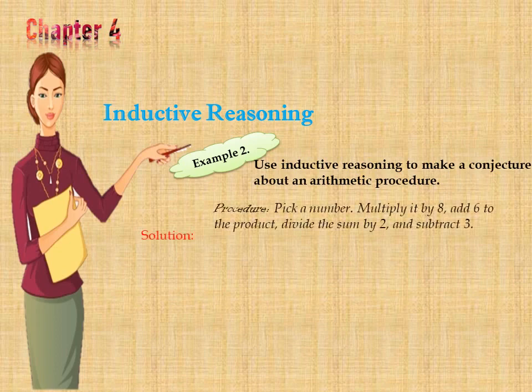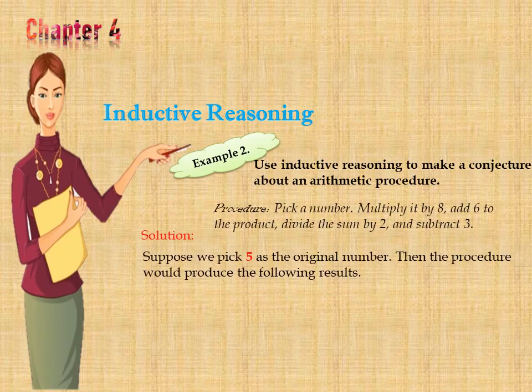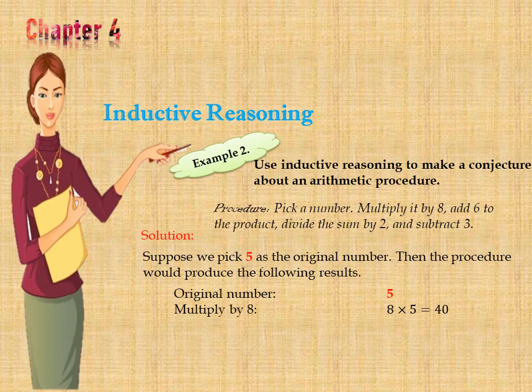To solve this one, suppose we pick 5 as the original number. Then we follow the procedure. Next, we multiply it by 8, so we have 8 times 5, which gives us 40. Next, we add 6 to the product. Since the product is 40, we add 6 to it and this gives us 46.